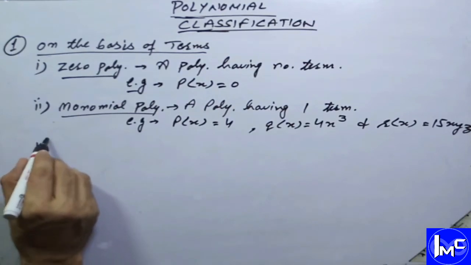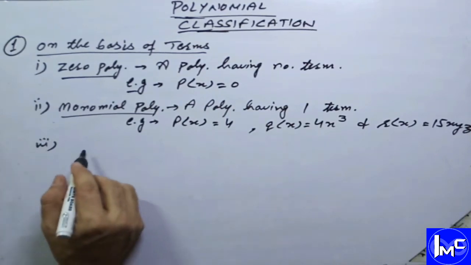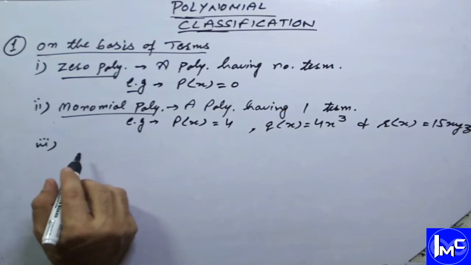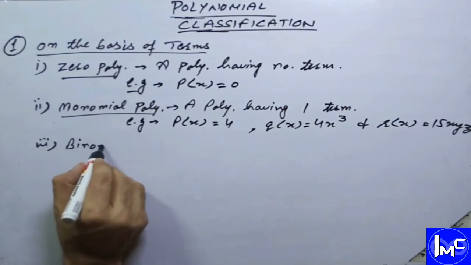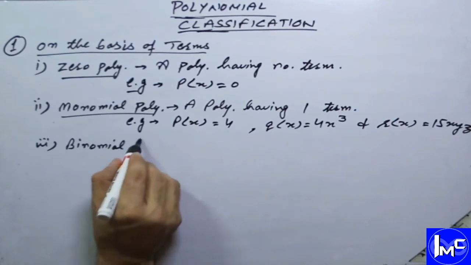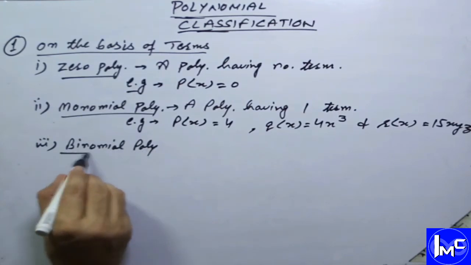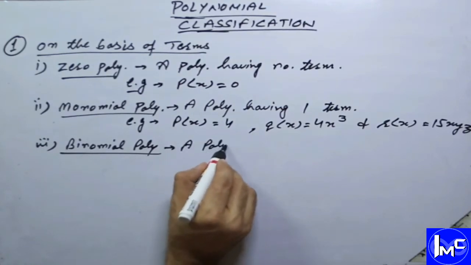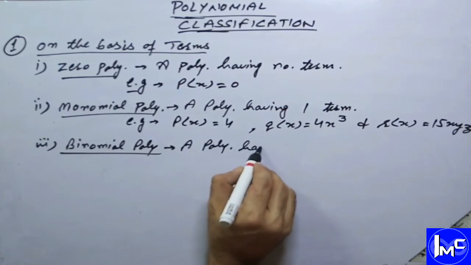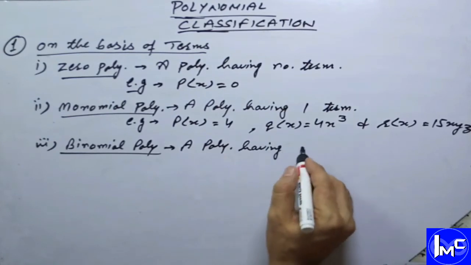Third is binomial polynomial. A polynomial having two terms.